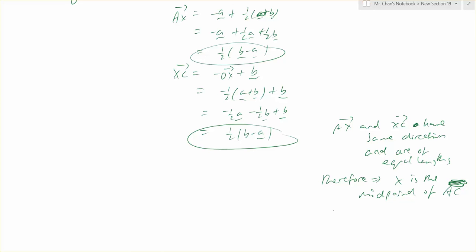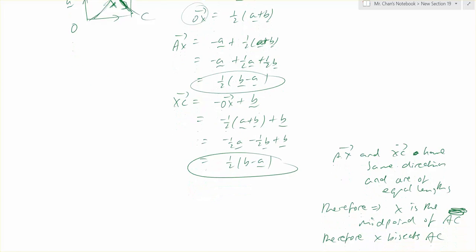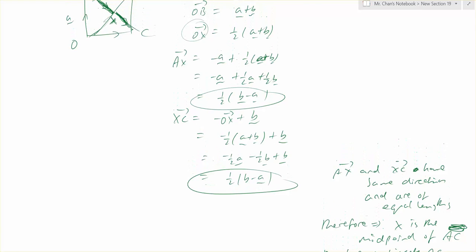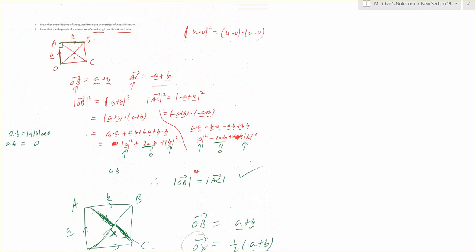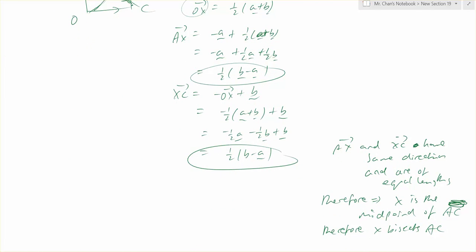So therefore it bisects AC. We only need to do it for one diagonal because we know that the shape is symmetrical. So that's how you prove that the two diagonals of a square bisect each other, and they bisect each other at the midpoint X.